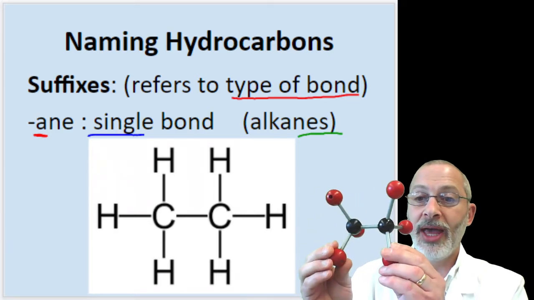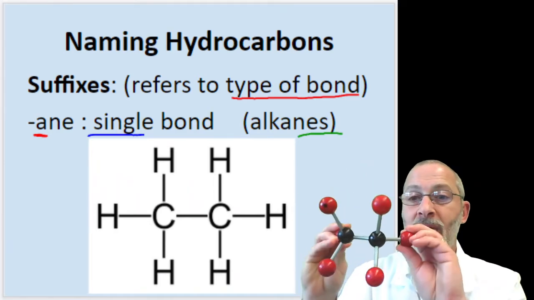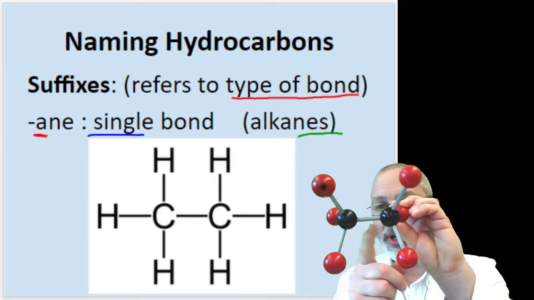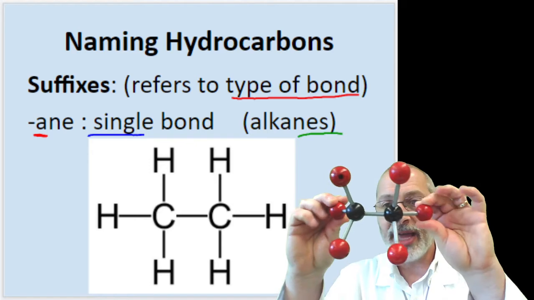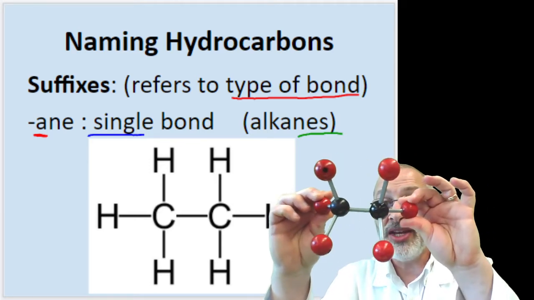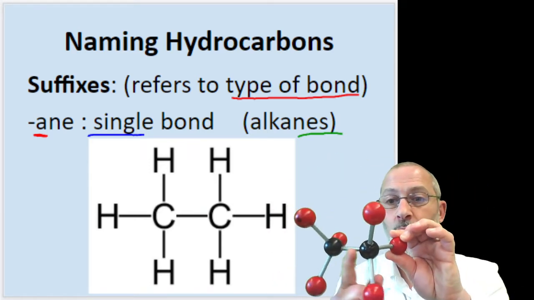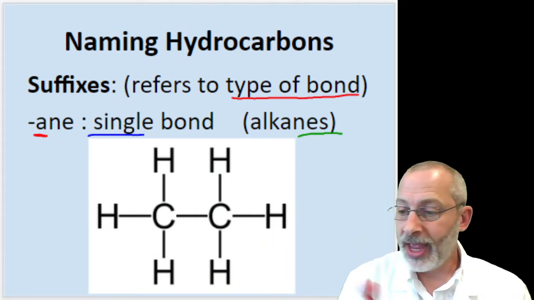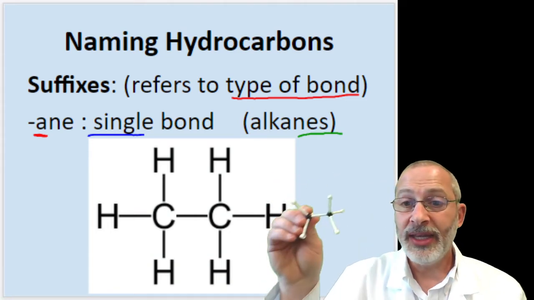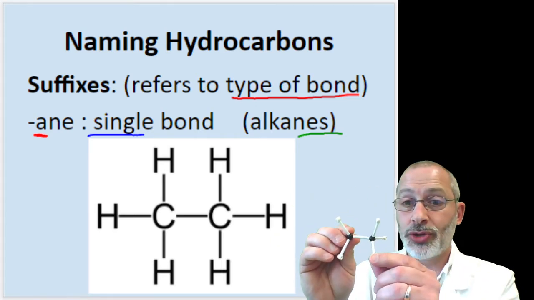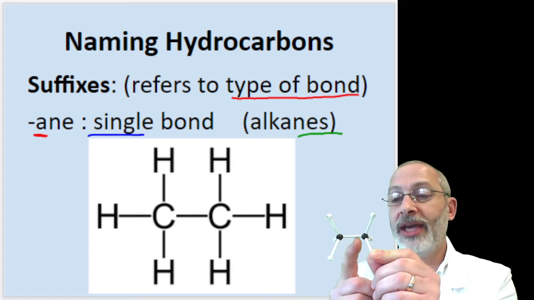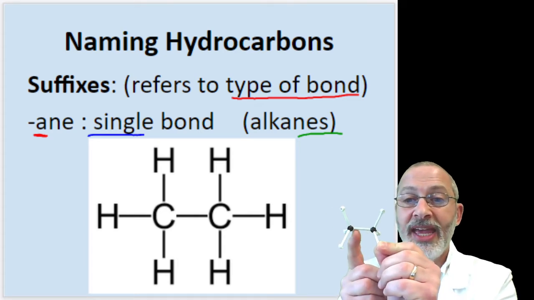So if I were to show you this model here, which by the way is illustrated on the screen as well, this model shows 2 carbon atoms that are connected with a single bond. There's one rod, one single bond. And a single bond in organic chemistry is identified with the suffix ane.